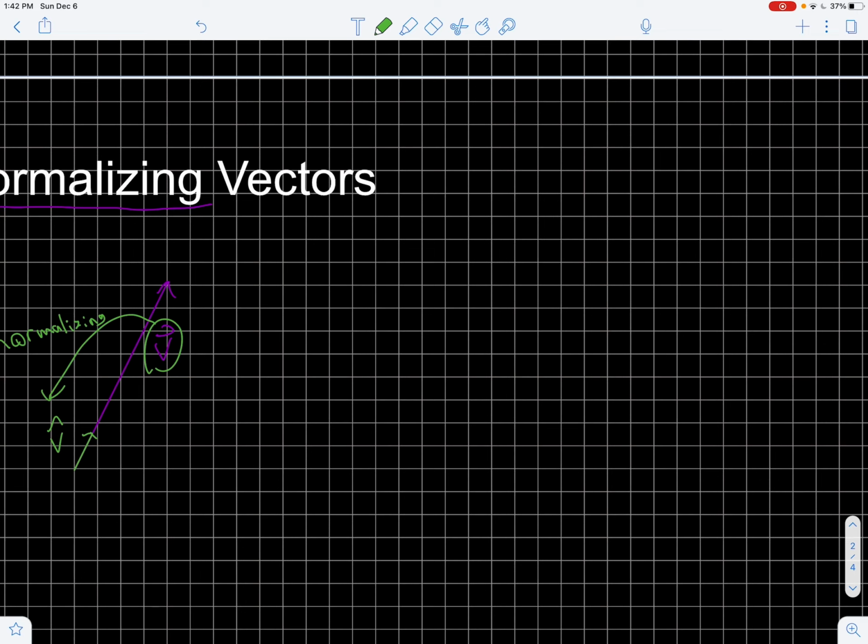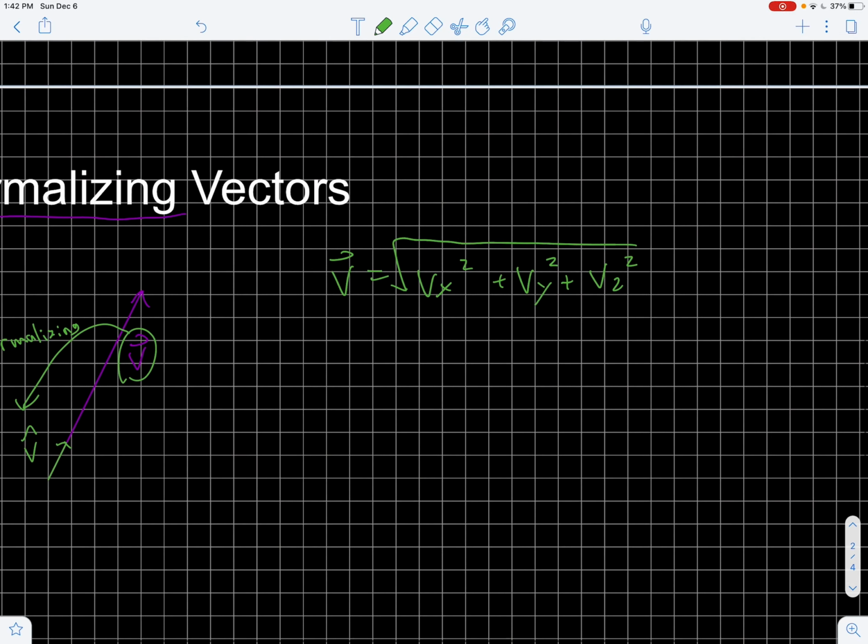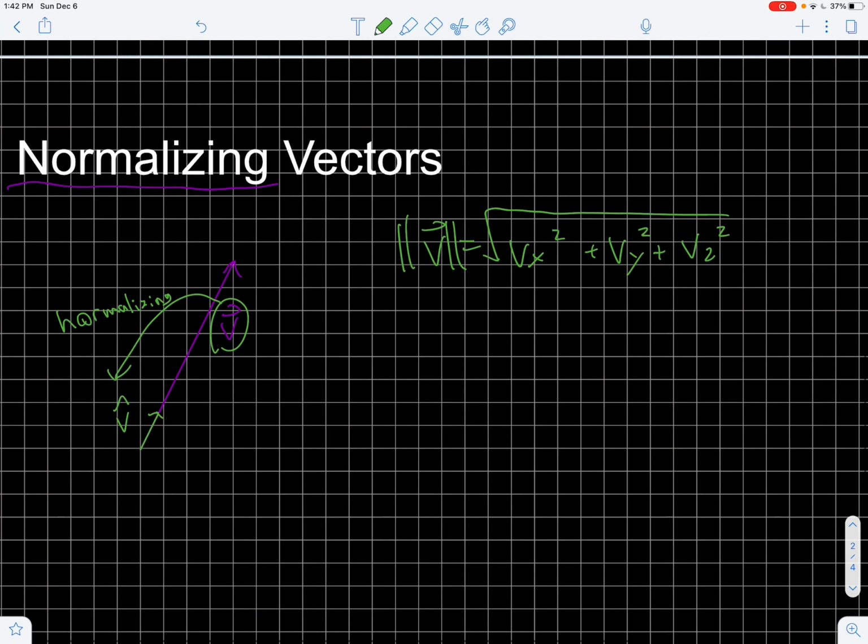And the one thing that we know about the length of vectors, well, we probably know more than one thing at this point, but the square root of vx squared plus vy squared plus vz squared is the norm, the length of the norm of the vector v.